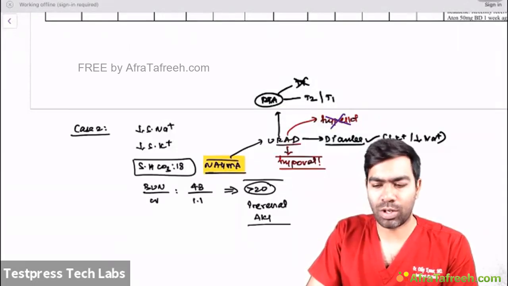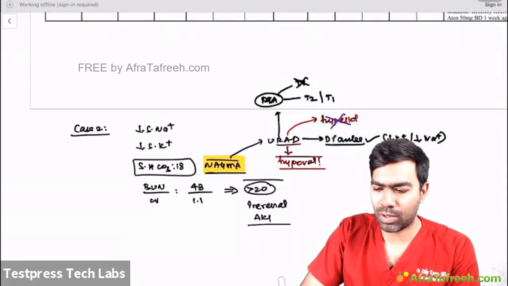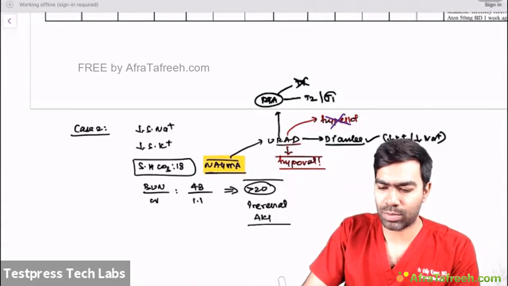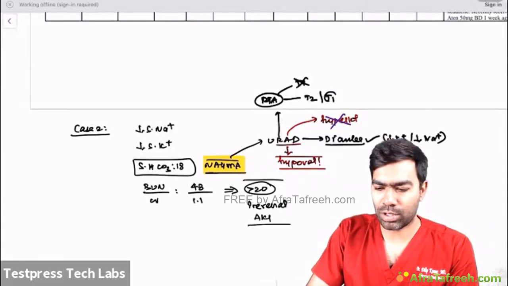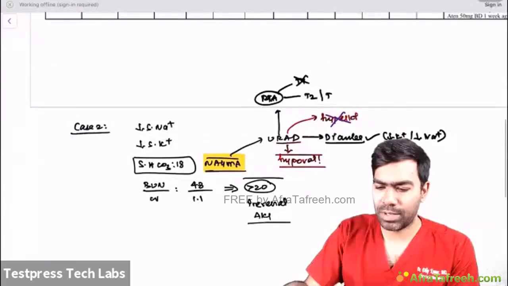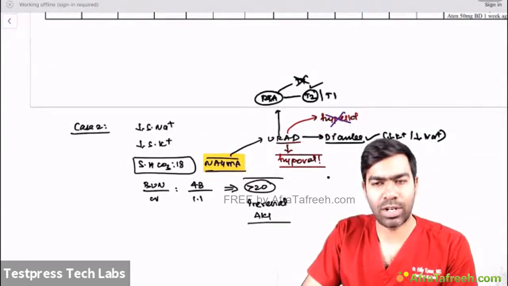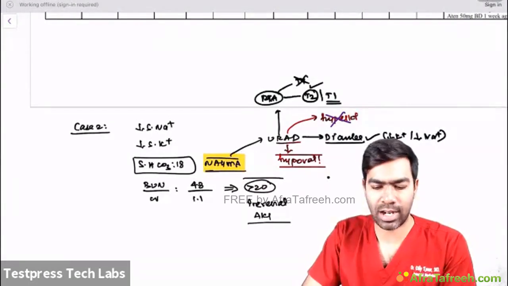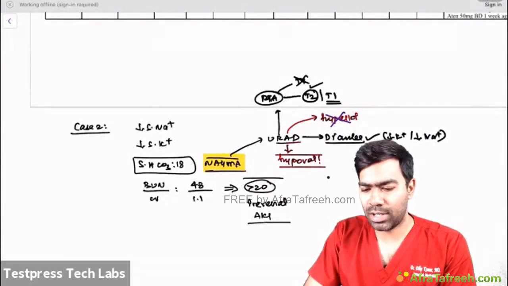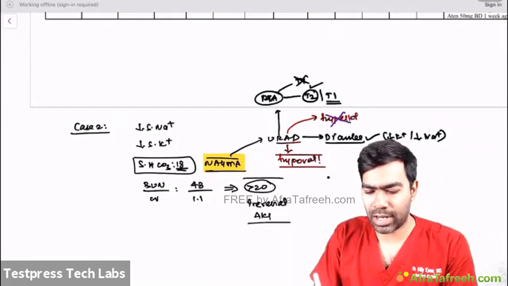So I'll be more concerned about a type 2 proximal RTA. Both are possible. I'm not saying no, but I'll be thinking more of a type 2 proximal RTA rather than a type 1 distal RTA, because in type 1 distal RTA I will not really be expecting a bicarbonate of 18.